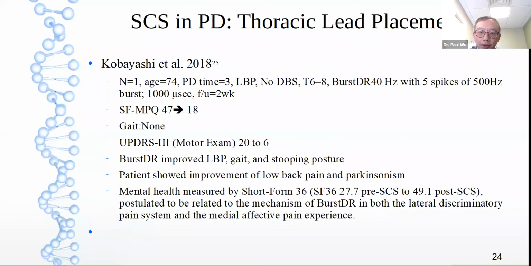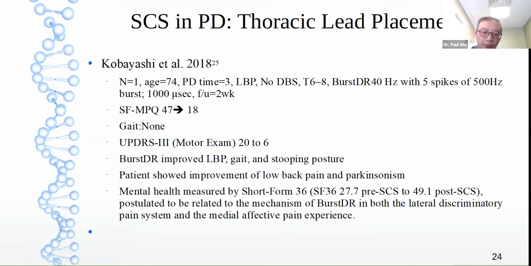This study is one of the first using burst stimulation for treatment, and they used the Short Form to determine the effects on mental health. They did not perform any gait function assessment. However, they did report a motor examination from the UPDRS, from 20 to 6.